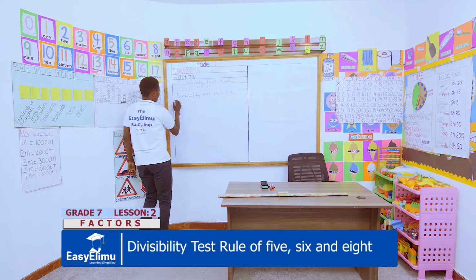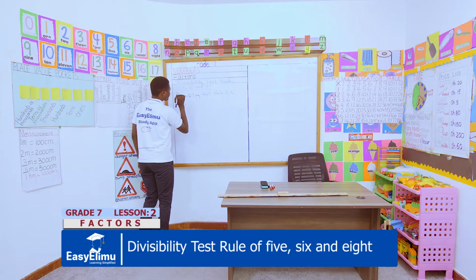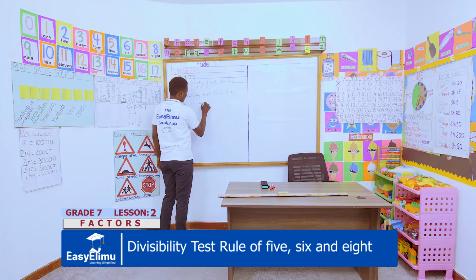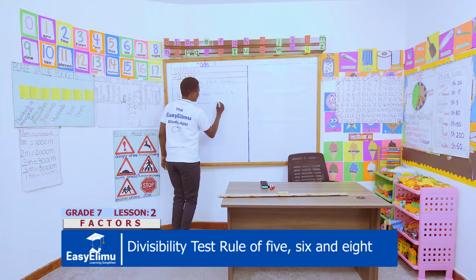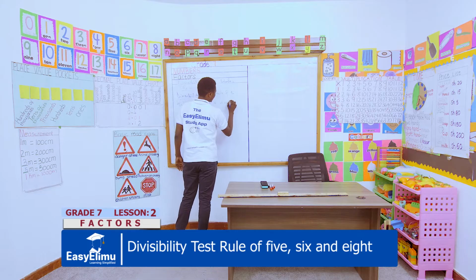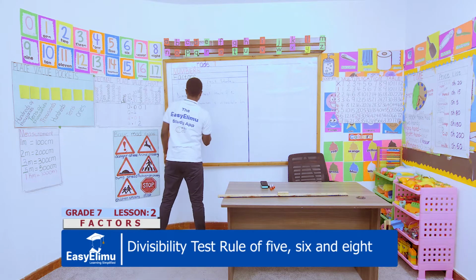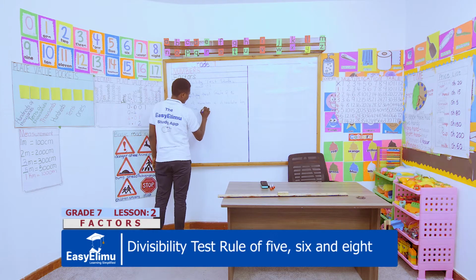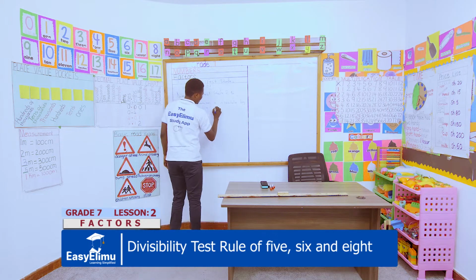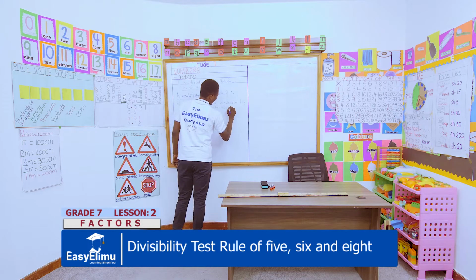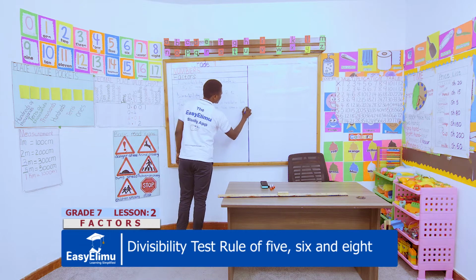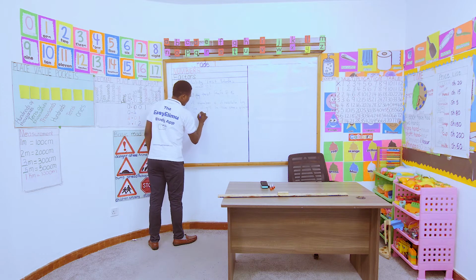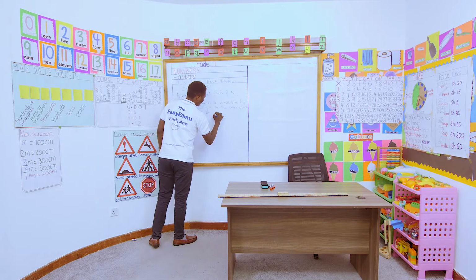So here, let us write, we can say that a number is divisible by 5 if the digit in the ones place value is 0 or 5.